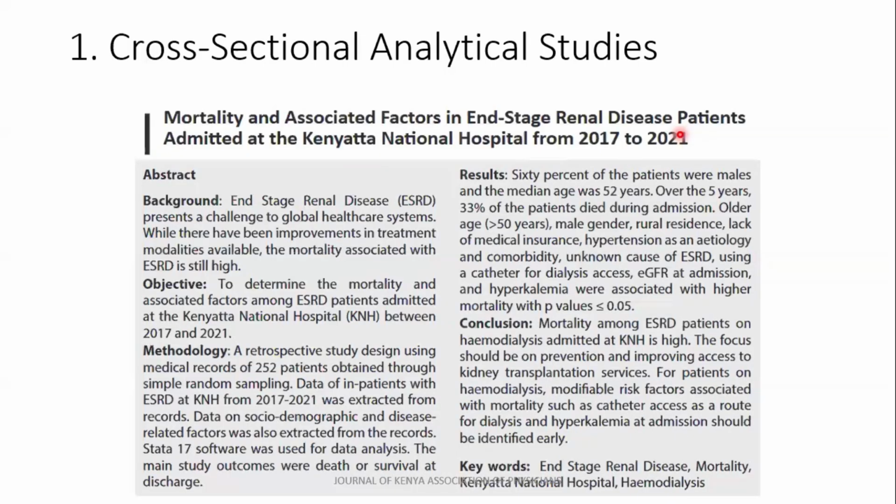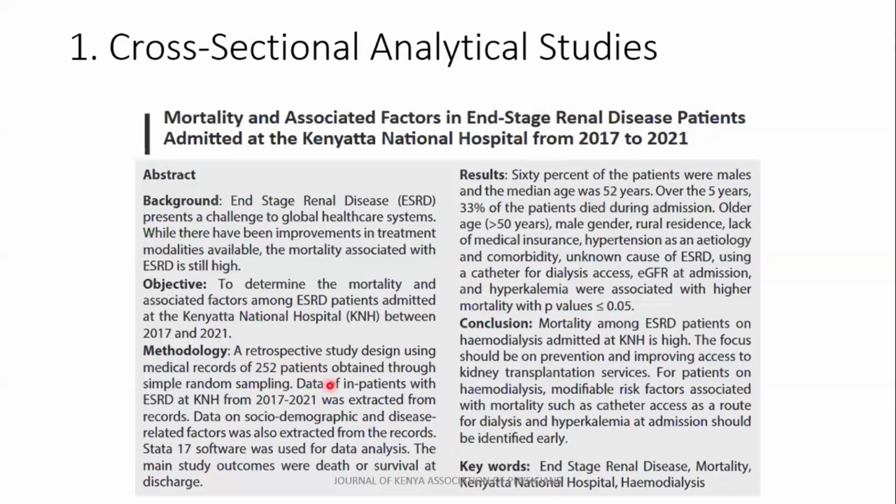So we can see there's a specified period of time that you're looking at, and in this case, this was a retrospective study, where records were examined backward.